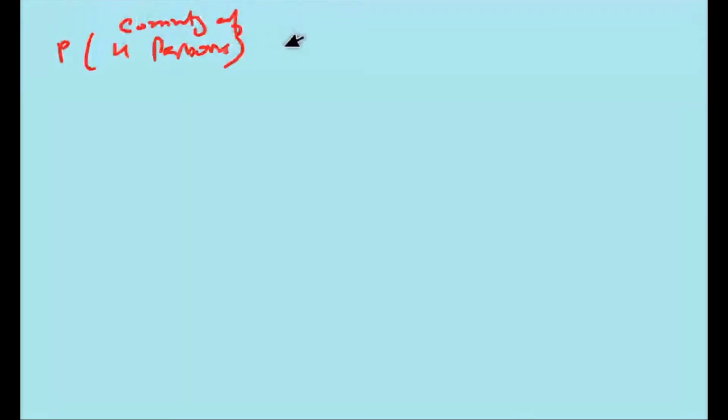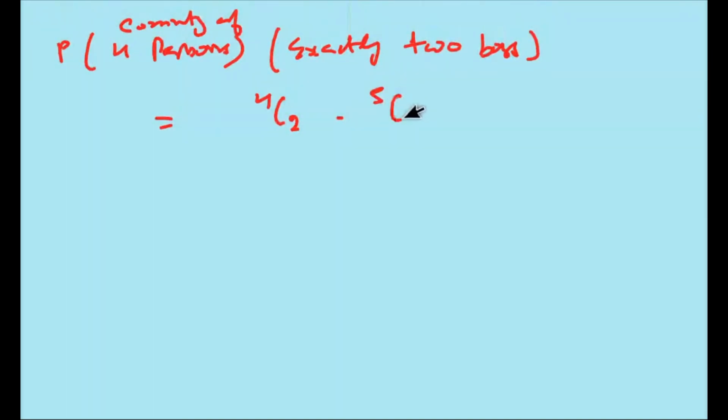Now, if the condition is that there are exactly 2 boys, you first select 2 boys, and the rest 2 members you select from 5 girls.